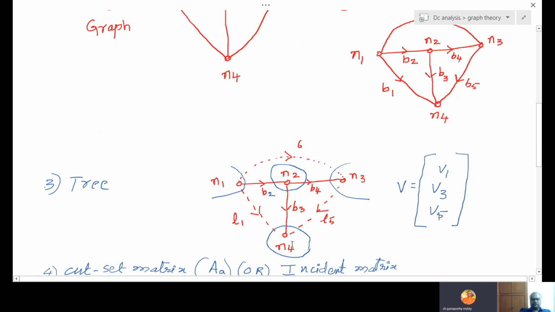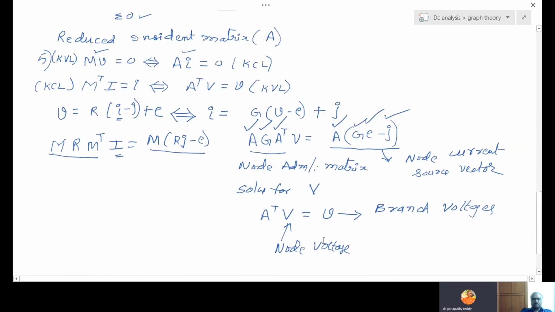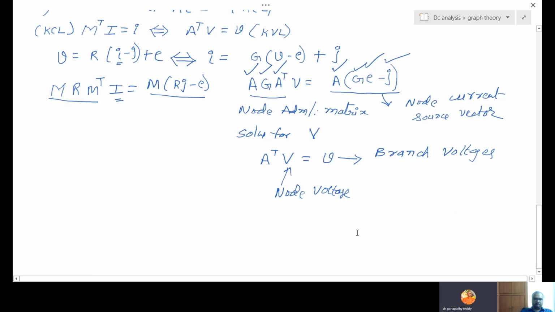Voltage at N1 with respect to ground is V1. Voltage at N2 with respect to ground is V3. Voltage at N3 with respect to ground is V5. So V1, V3, V5. Not V1, V5, V6. So this is capital V. That capital V multiply, you get small v simultaneously.